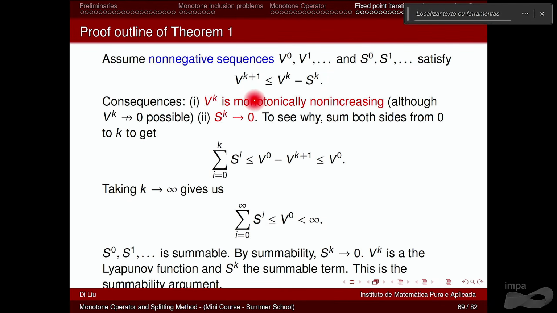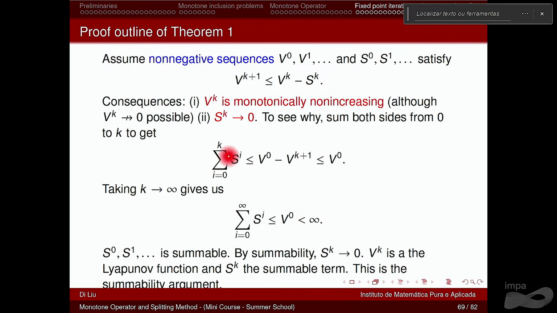First, vk is monotonically decreasing, which we get automatically, very intuitively. Second, sk approaches 0. Why? We sum both sides of the inequalities from 0 to k.